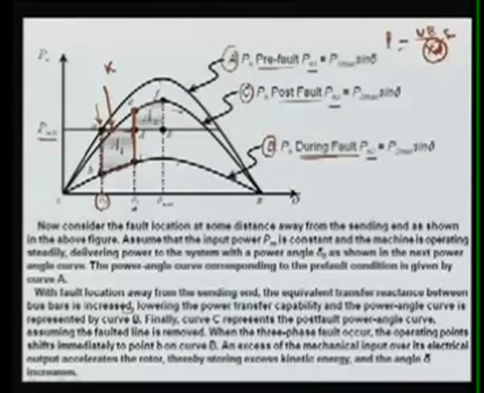When the three-phase fault occurs, the operating point shifts immediately to point B on curve B. Here this is coming during the fault, and the excess of mechanical input power of this machine accelerates the rotor, thereby storing kinetic energy, and the angle is increased up to this point. So this is your point of movement. Here it is going back, and then finally it will be attaining this. Later it will follow this one.